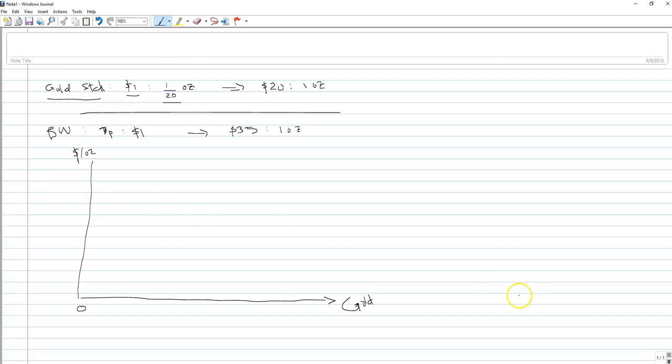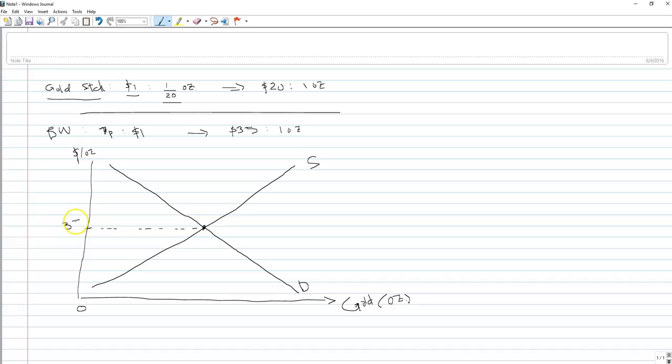So this will be dollars per ounce, and of course the total gold here will be measured in ounces, which were at the time several million ounces. So if you put the supply here and a demand, this is, or was supposedly, $35 per ounce.